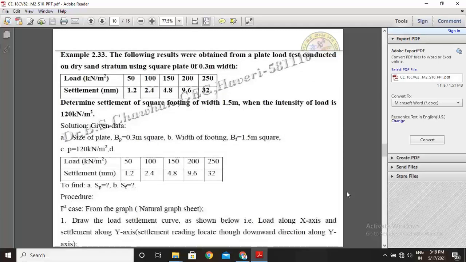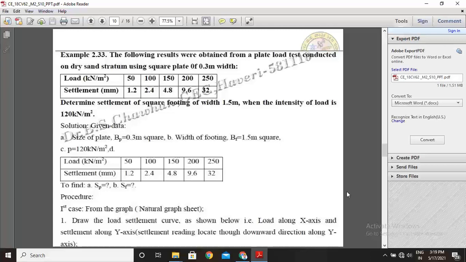See these problems, how this is. The following results were obtained from a plate load test conducted on a dry sand stratum using a square plate of 0.3 meter width. Load in kilonewton per meter square is given: 50, 100, 150, 200, 250.